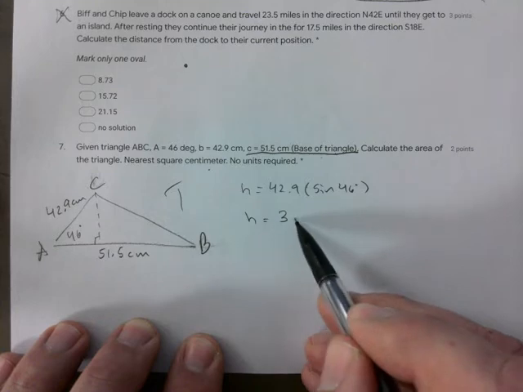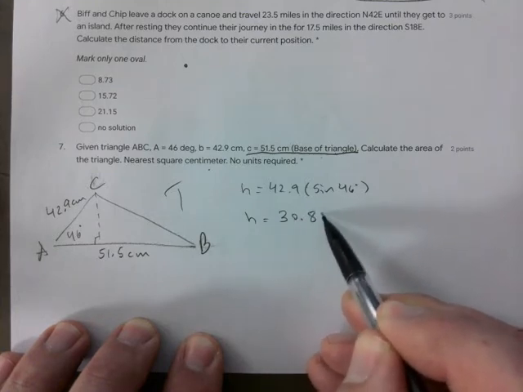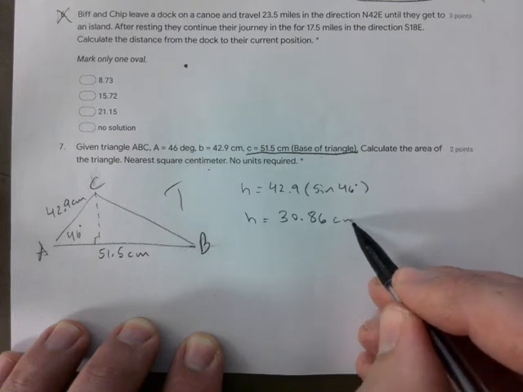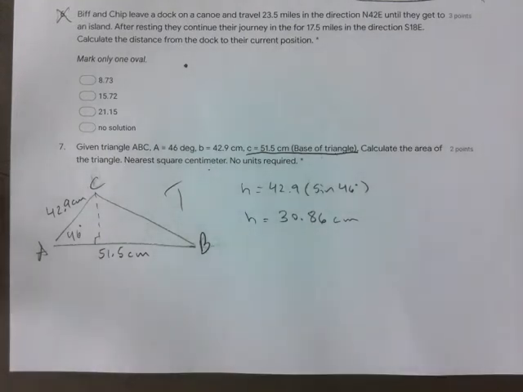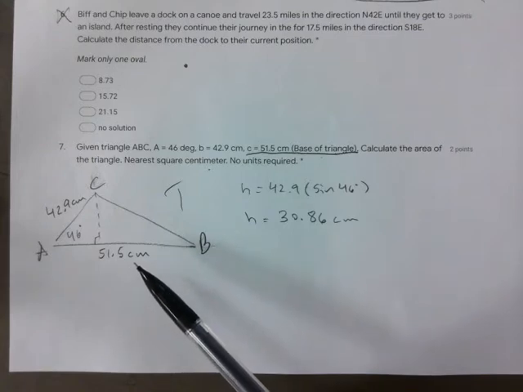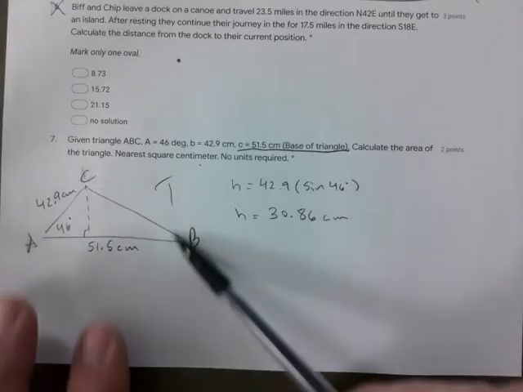That's 30.86 centimeters. So let's say you didn't catch this. Your height is then probably 51.5 times sine of 46. So you got 37.05. You lose a mark here with your diagram.